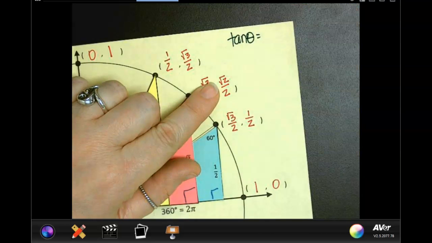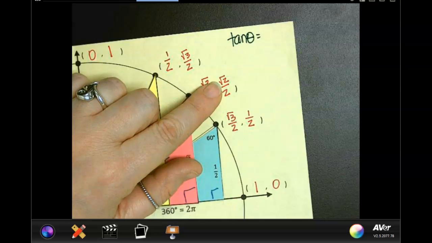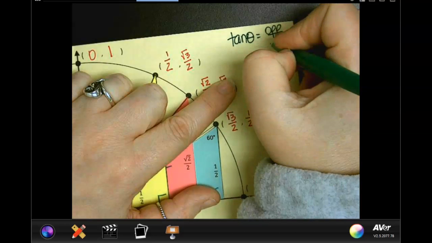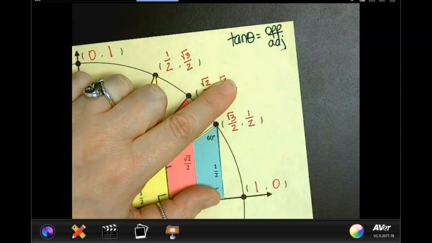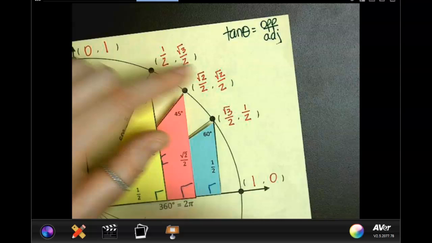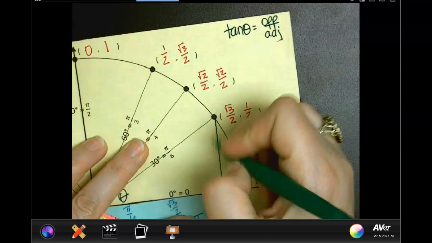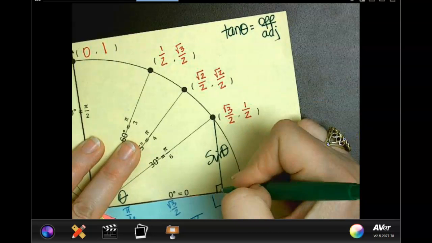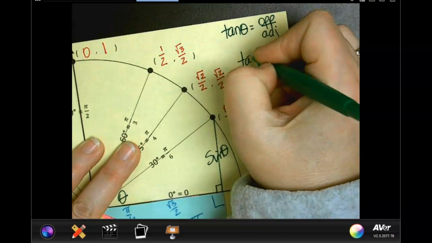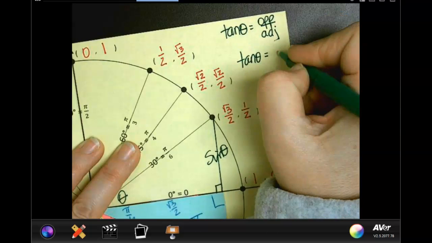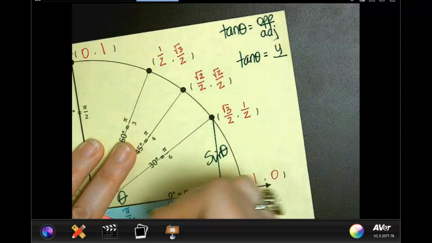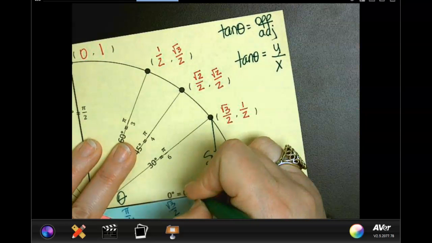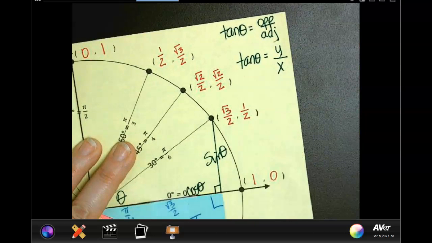Okay. Then tangent theta from SOHCAHTOA is what? Opposite over adjacent. Right? So we already figured out that our opposite is the sine of theta, or your y value, right? So tangent theta is equal to y over the adjacent side, which is x, which is also cosine theta, right?